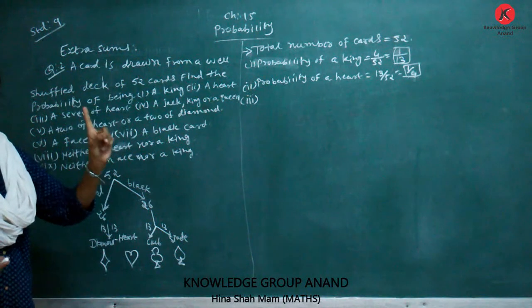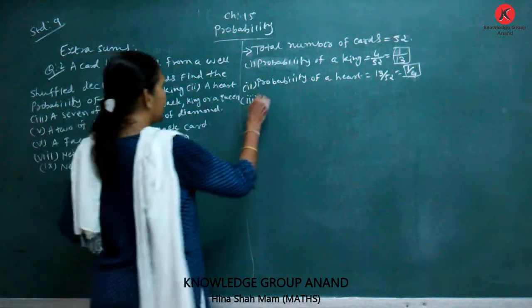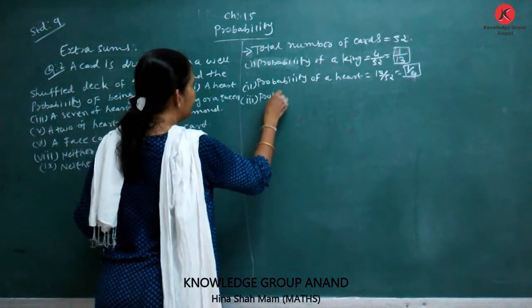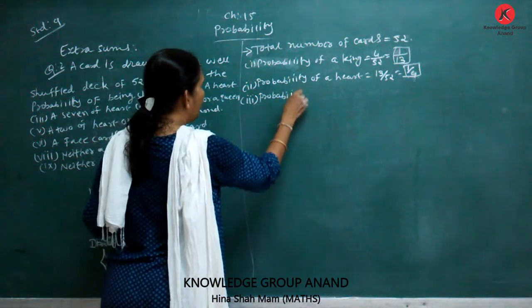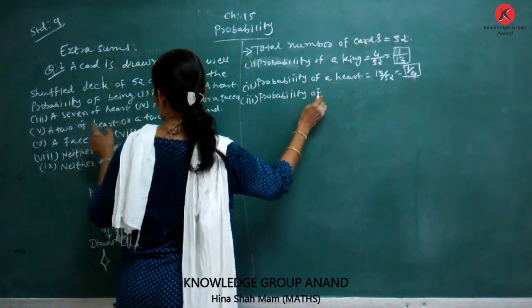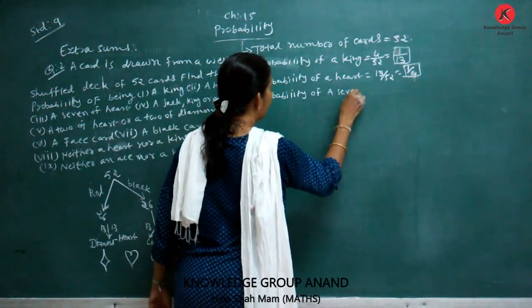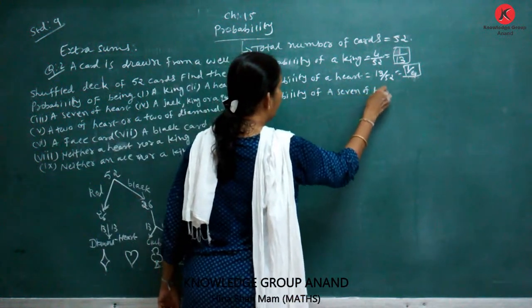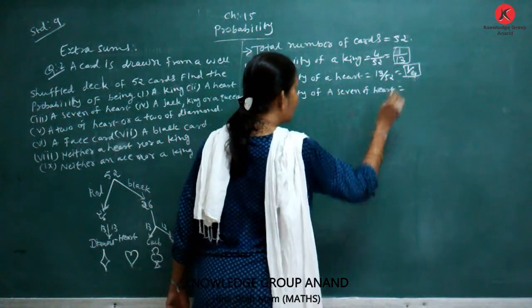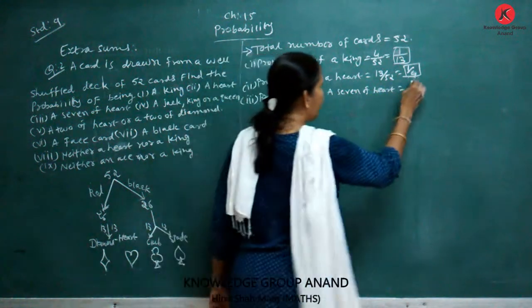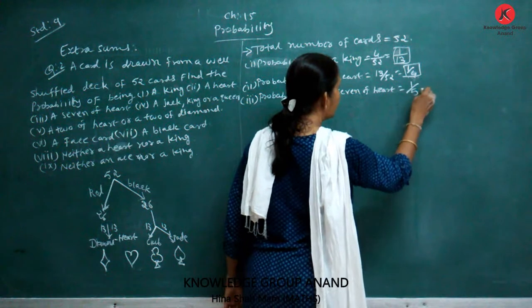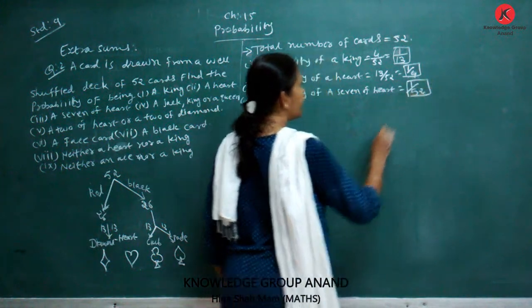There is one 7 of heart. Probability of a 7 of heart is equal to 1 upon total cards, 1 by 52.